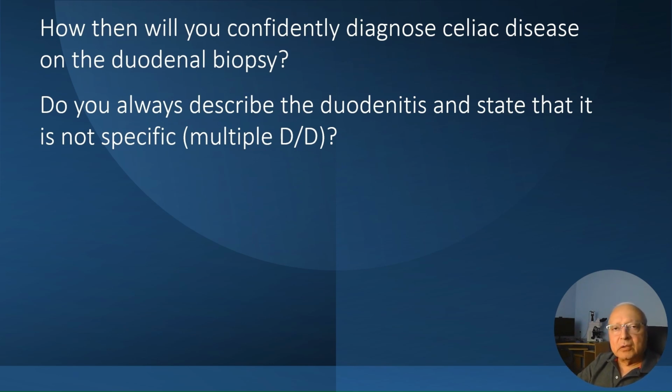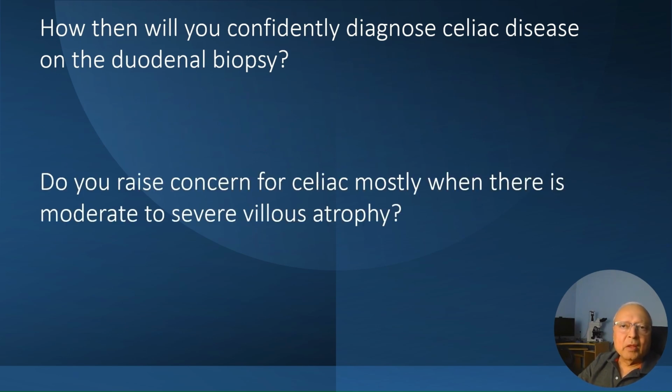But in a patient who has clinically a strong suspicion of celiac with the serology being positive, this duodenal biopsy is done mainly to confirm the clinical suspicion of celiac. And such a diagnostic report only creates more workup to exclude other diseases rather than immediately confirm celiac disease.